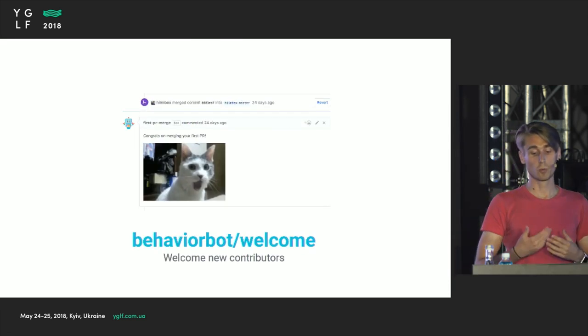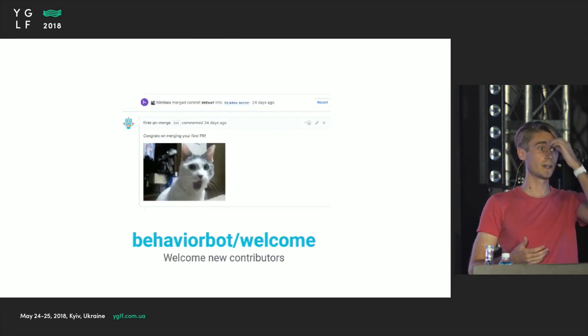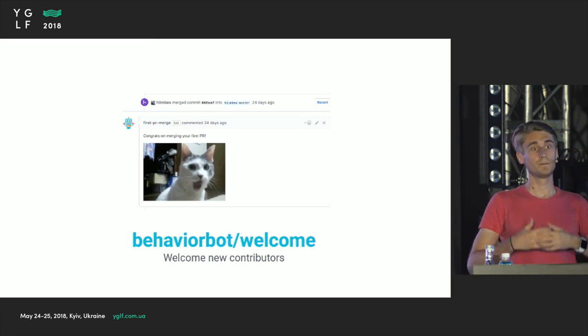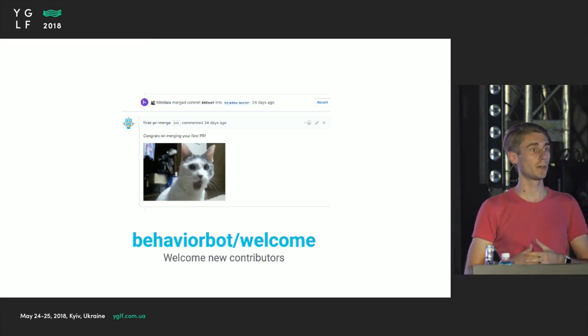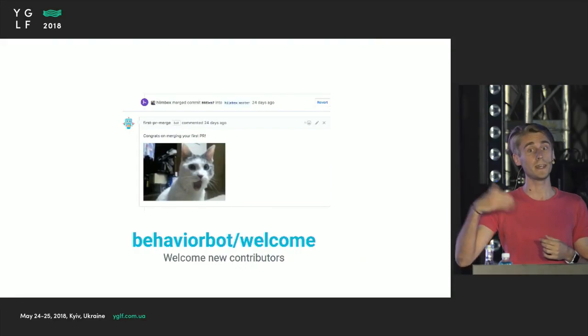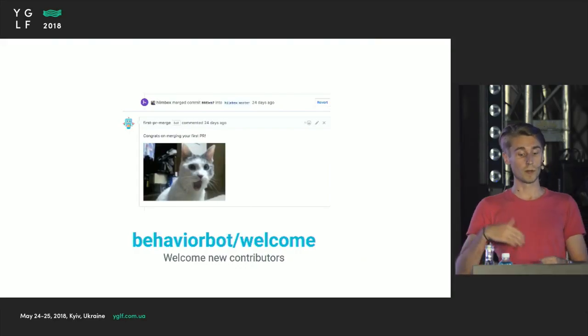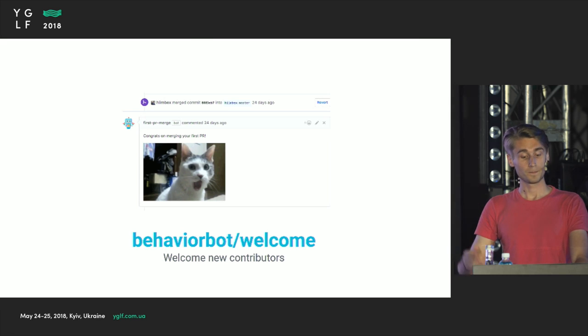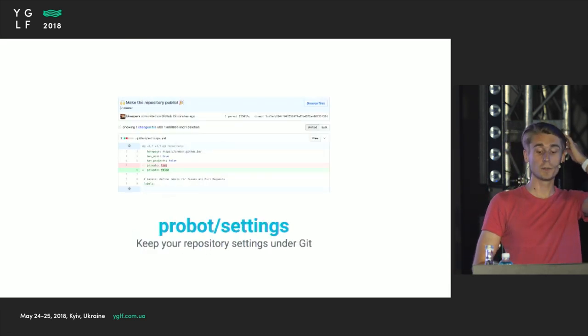Another example is the welcome bot that greets every new contributor to your repository. Like if a user opens an issue or pull request for the first time to your application, this bot would greet them. Also, if their pull request is merged, this bot will publish congratulations to this new contributor.